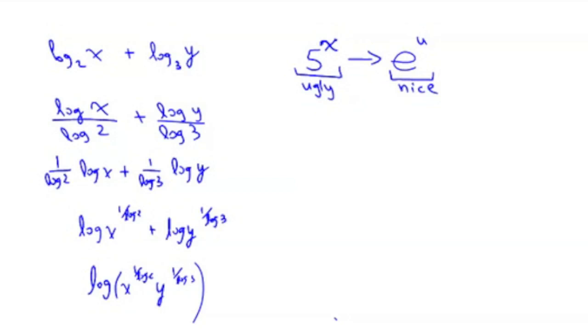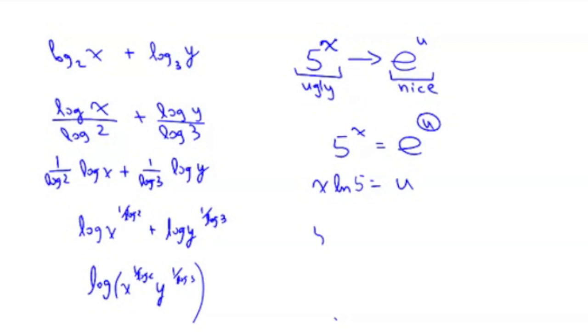All right, so how do I change 5 to the x into e to the u? Well, you set it equal to each other, and you're trying to find what u is equal to. So you ln both sides. When you ln this side, it becomes x ln of 5 equal to u. So I've actually found u pretty quickly.